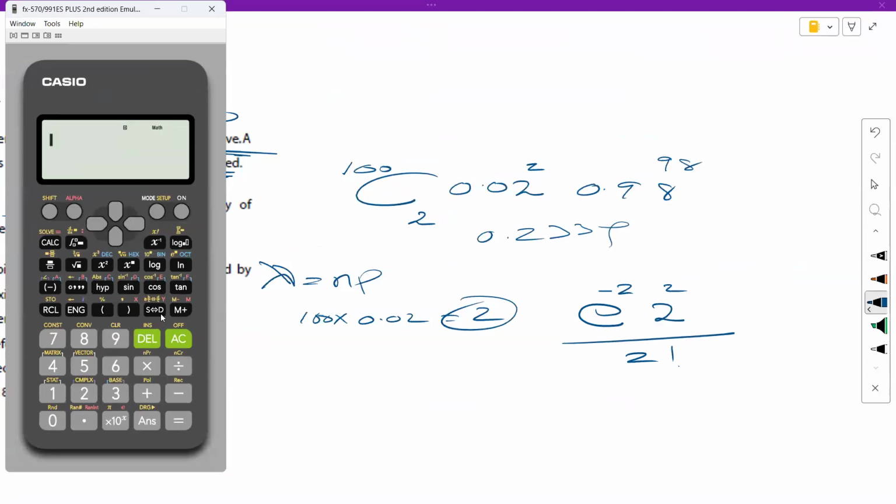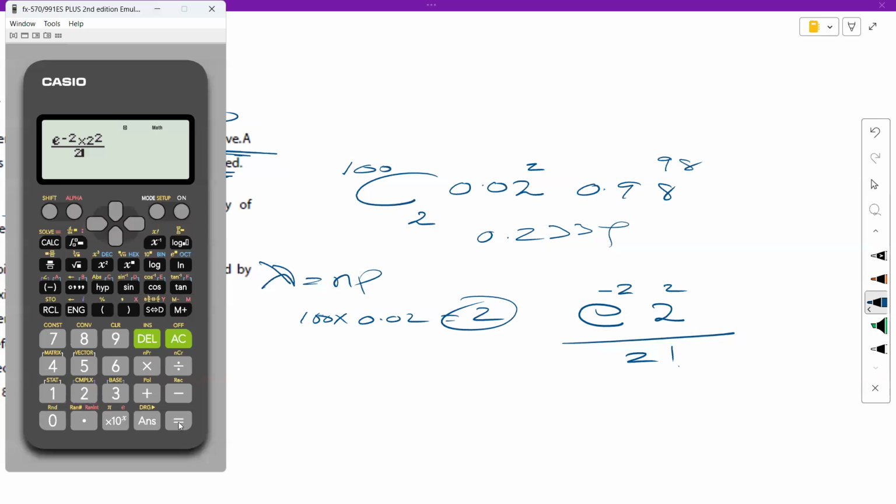e to the power minus 2, into 2 power 2, 2 factorial is 2.